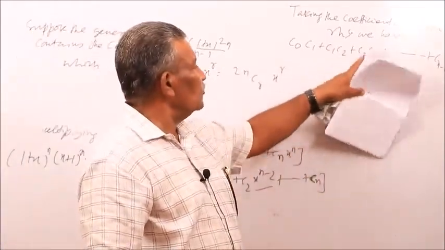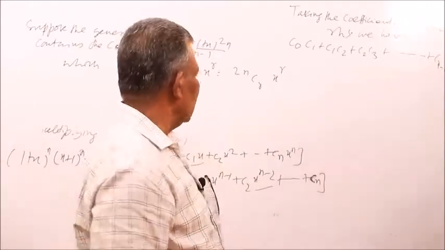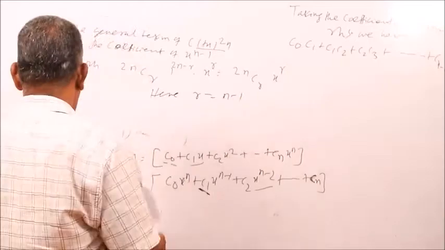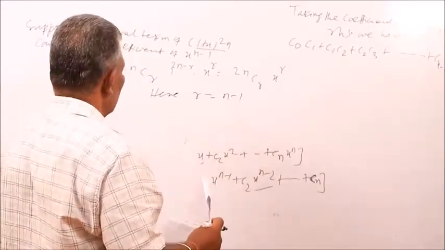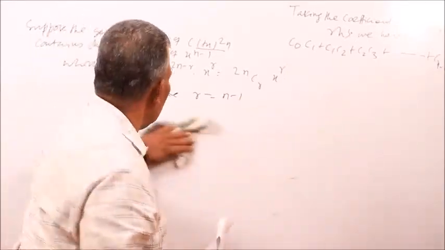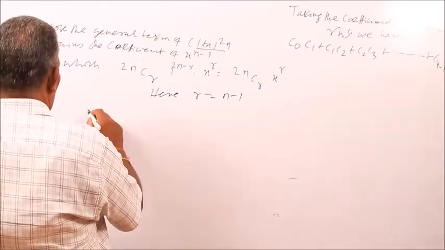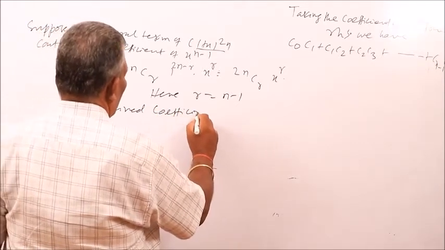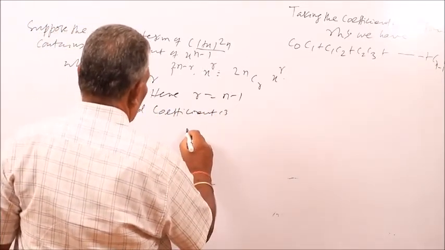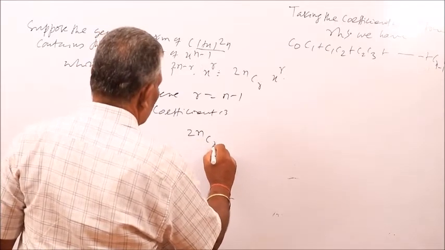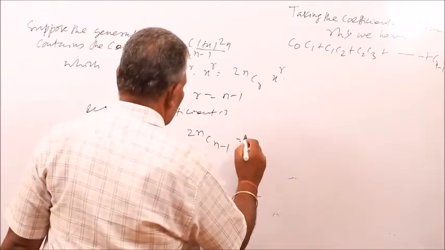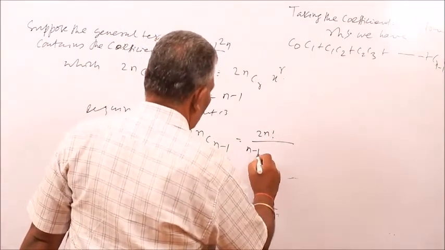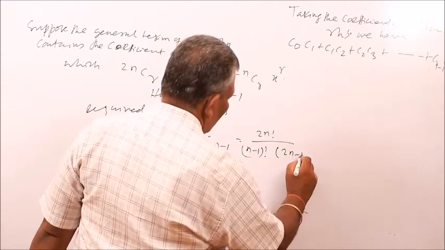Also in LHS, coefficient of x to the power n minus 1 will be like this. Here r equals n minus 1. So required coefficient is, because we are interested in the coefficient of x to the power n minus 1, 2n Cn minus 1, that is 2n factorial by n minus 1 factorial 2n minus n plus 1 factorial.